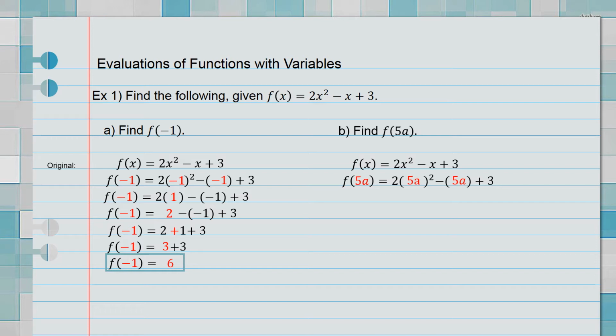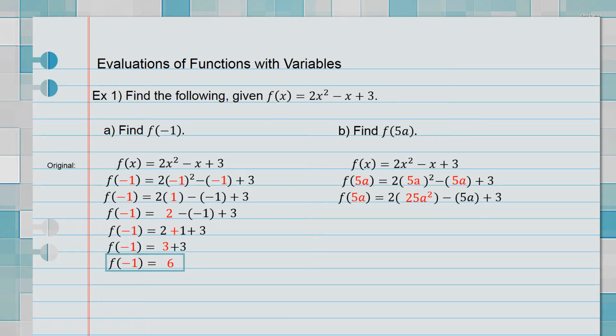There's no grouping symbols, but there are exponents. 5a squared really means 5a times 5a. Well, we know 5 times 5 is 25, and a times a is a squared. So when we put that together, it gives us 25a squared. And everything else is still the same.